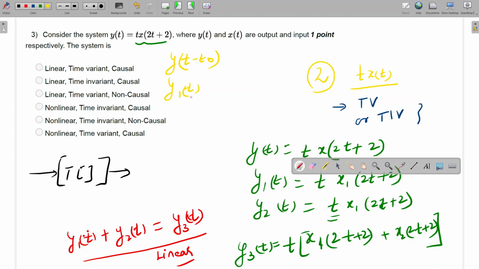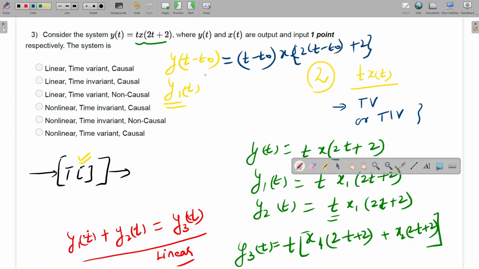So what is y1 of t? What will be the transformation here? The same transformation we will apply by shifting by t naught. So first I am calculating this one, y of t minus t naught. That will be (t minus t naught) into x of 2(t minus t naught) plus 2.